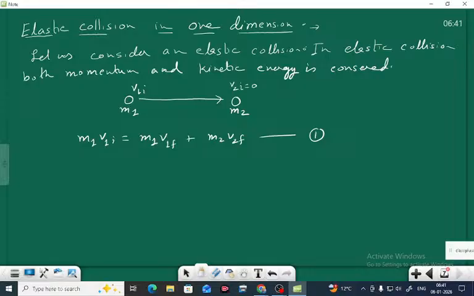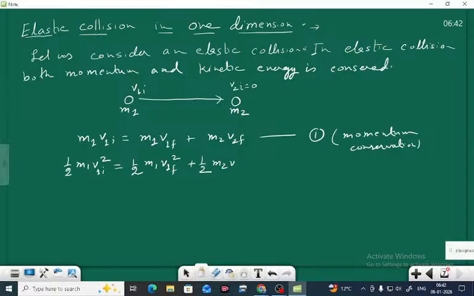This is momentum conservation. And if you take kinetic energy, that is half m1 v1 initial square is equal to half m1 v1 final square plus half m2 v2 final square.